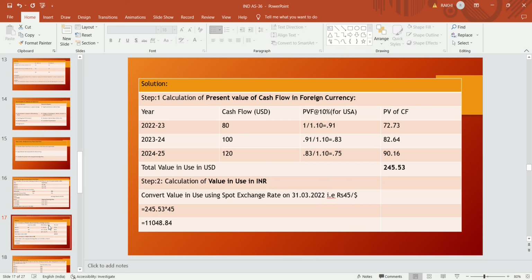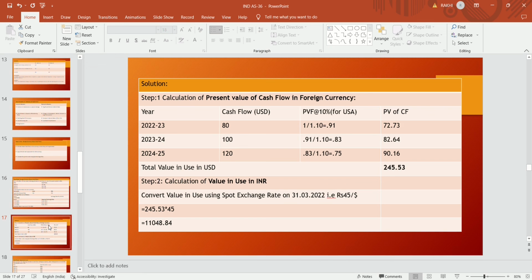Then again 0.91 is divided by 1.10, that is 0.83, and also 0.83 is divided by 1.10, that is 0.75. This is to be multiplied with the cash flow, that is 80 into 0.91, which gives 72.73, and 100 into 0.83, so we will get 82.64 present value, and 120 multiplied by 0.75, so we will get 90.16.